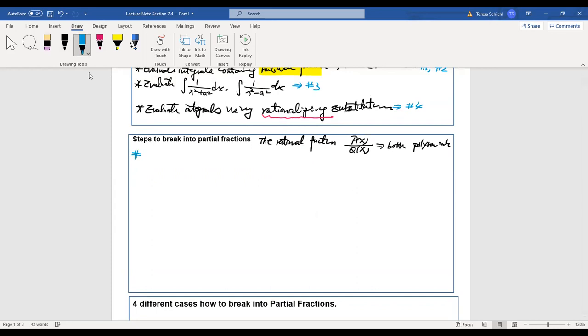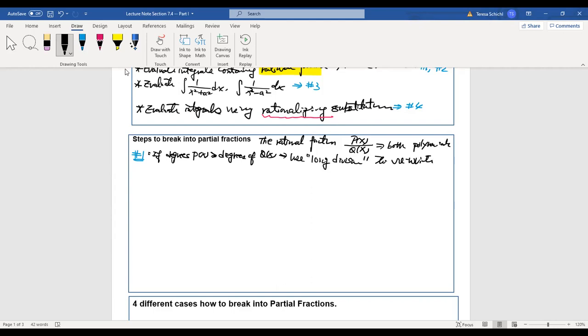Step number 1: if the degree of P(x) is greater than or equal to the degree of Q(x), then what are we going to do? Then you use long division. I hope that everybody still remembers long division. That's what you learned from algebra, right? Then you use long division to rewrite.